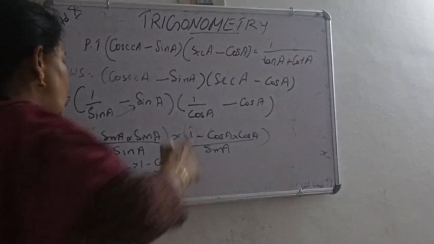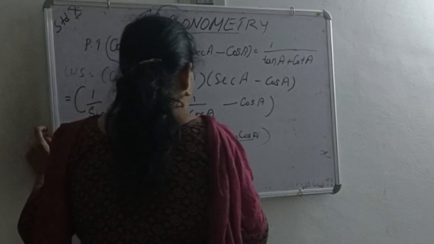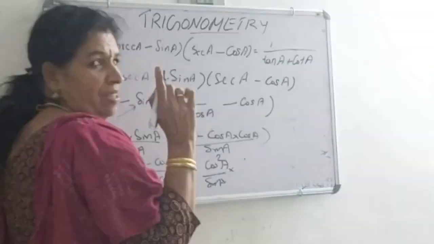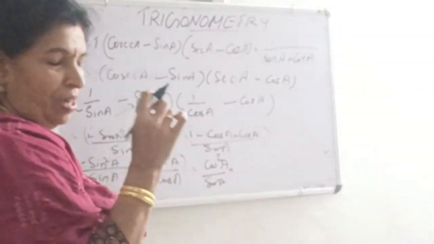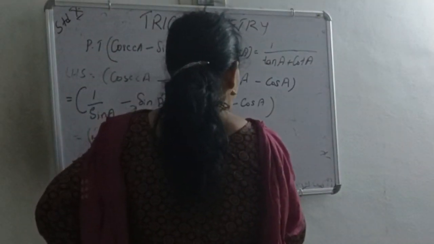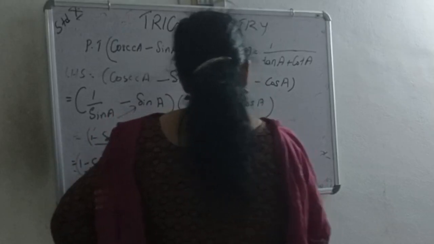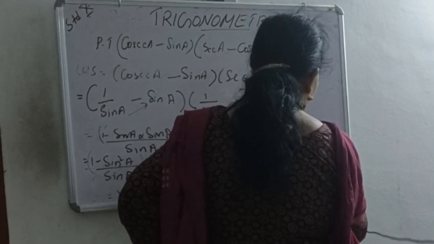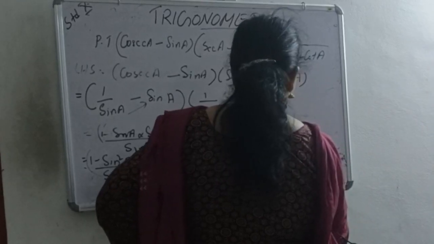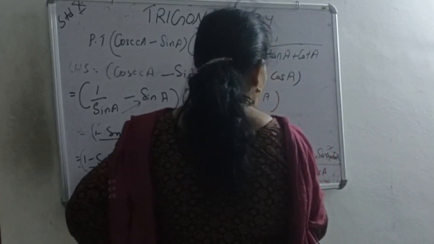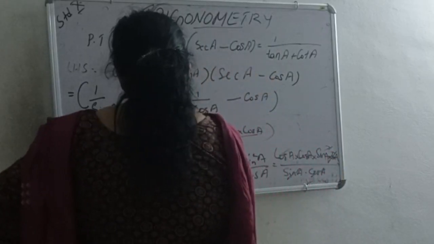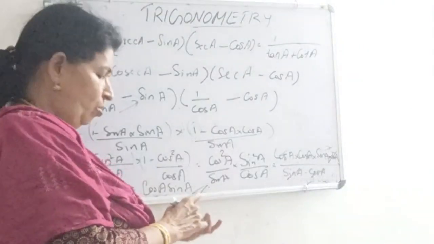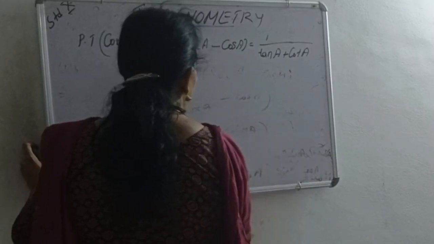Then 1 minus sin square A is cos square A, by sin A, into 1 minus cos square A, which is sin square A, by cos A. Cos square A means cos A into cos A, sin square A means sin A into sin A, the whole by sin A into cos A. Then we cut cos A, cos A, sin A, sin A, and we find the value of LHS as sin A cos A.